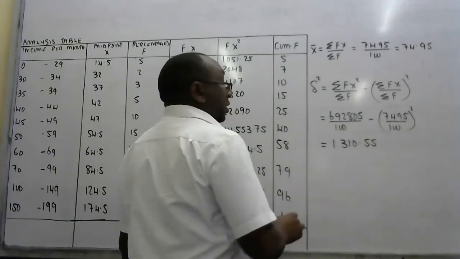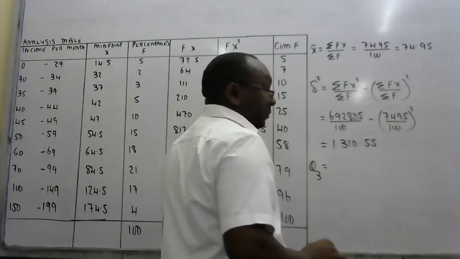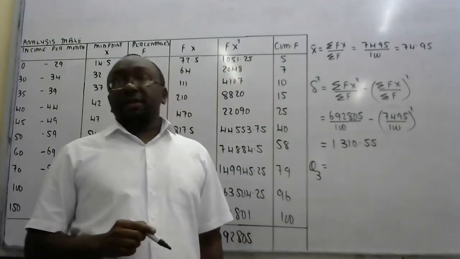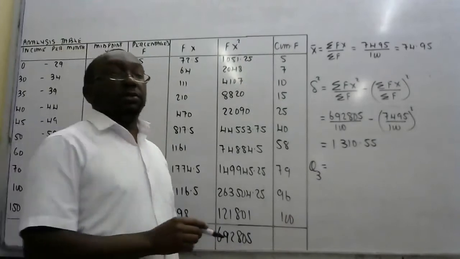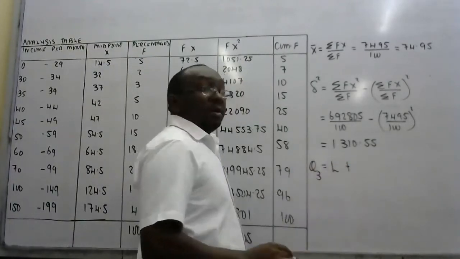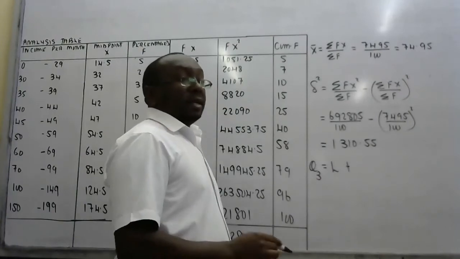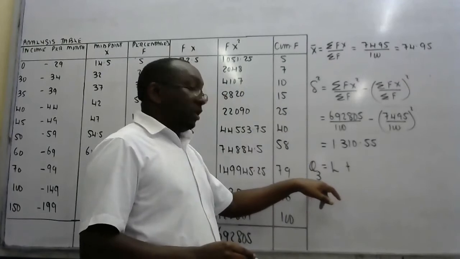In terms of the quartiles, maybe I can compute Q3. For the quartiles, we said what you do, you take the lower limit, L, plus N, and N is multiplied by the quartile that you are looking for.